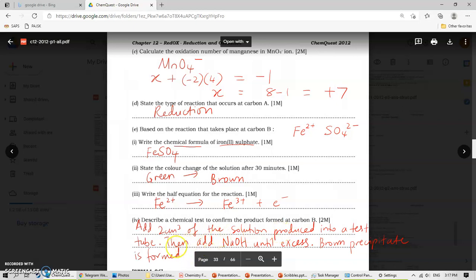This brown precipitate does not dissolve in excess. Okay, so that's all for this question. Thank you.